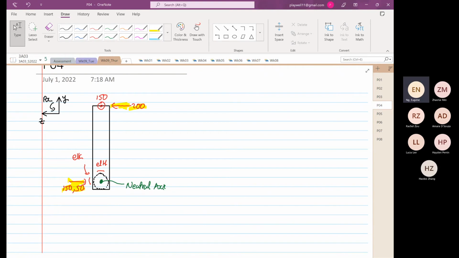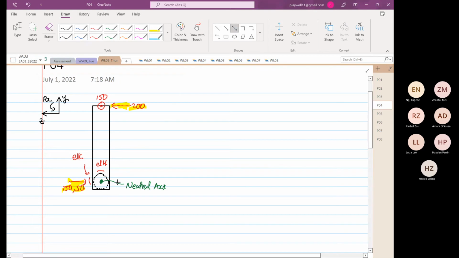We know that the 200 that you see has a perpendicular distance, right? And this perpendicular distance is 10 inch.